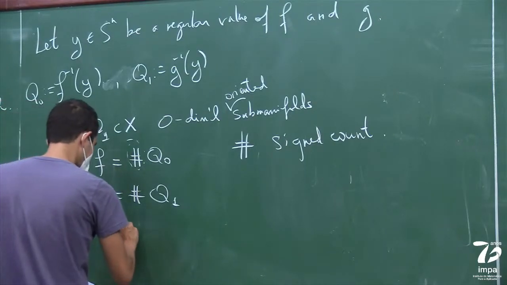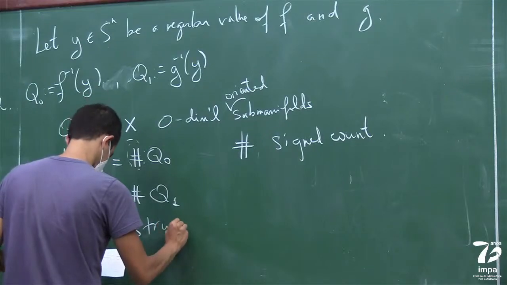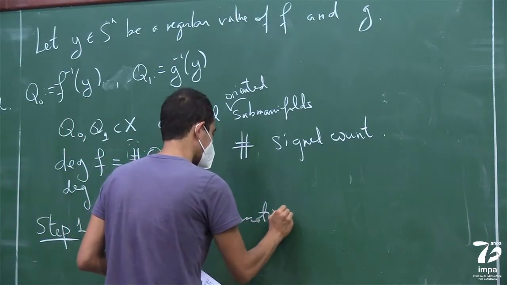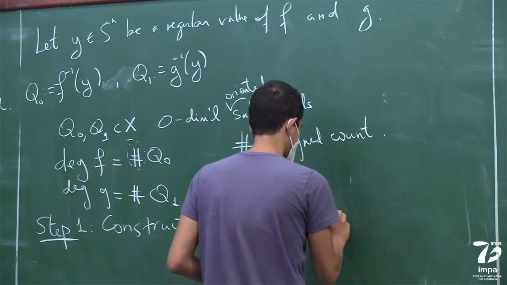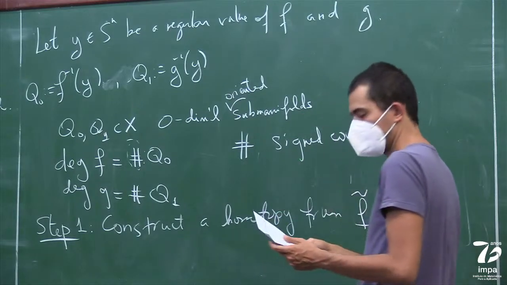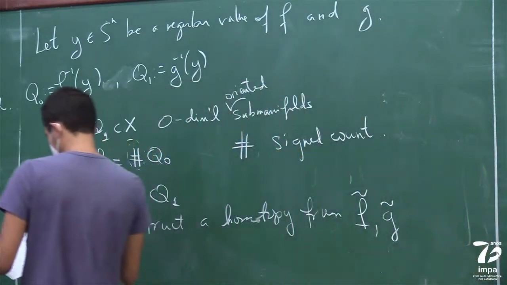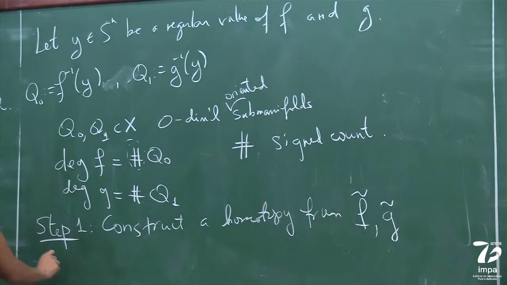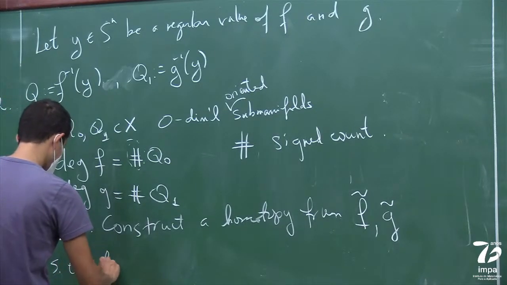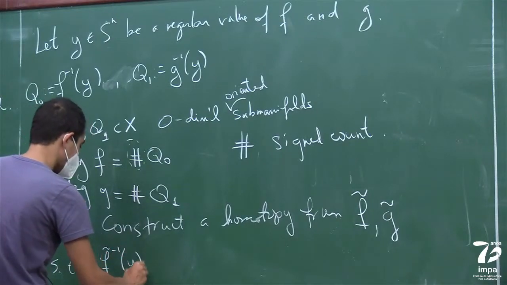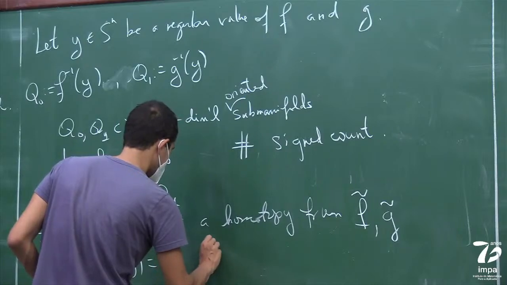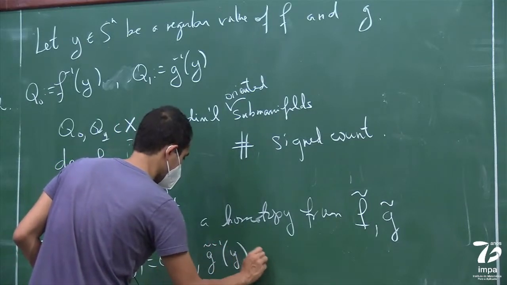So the first one is to construct a homotopy from two other functions, f tilde and g tilde, such that basically the preimage of y by f tilde is q0 and by g tilde is q1.